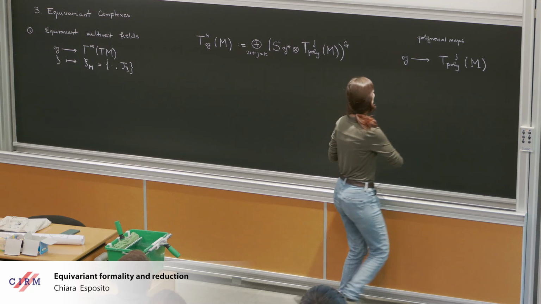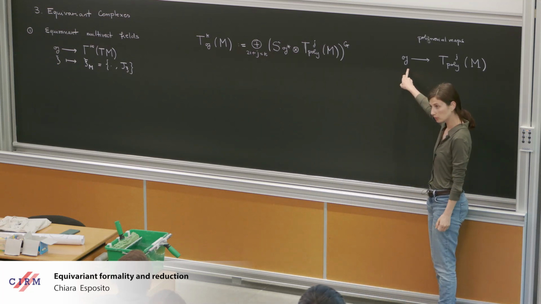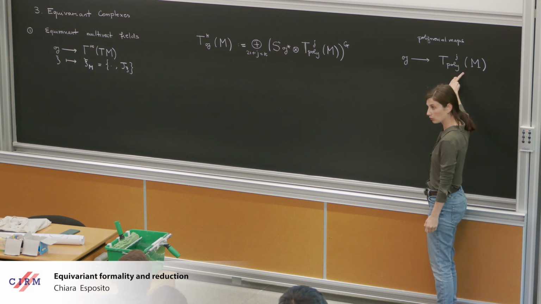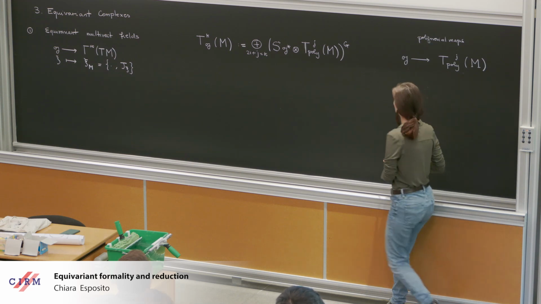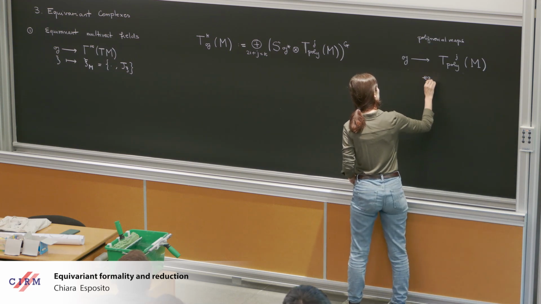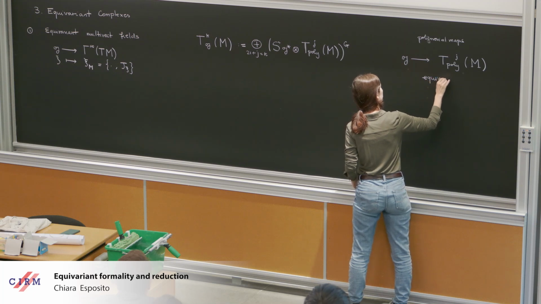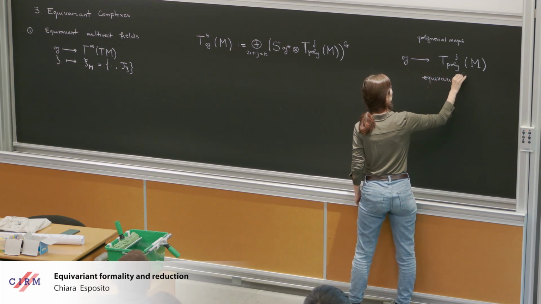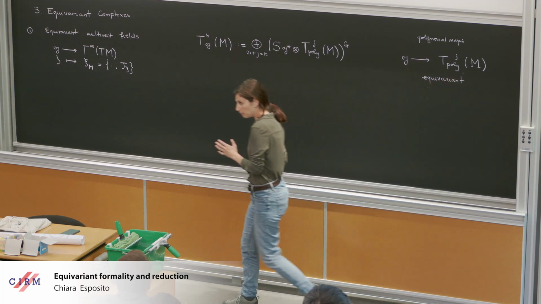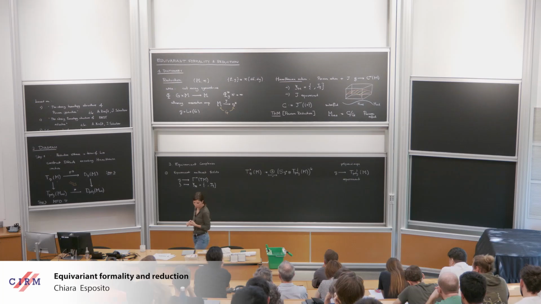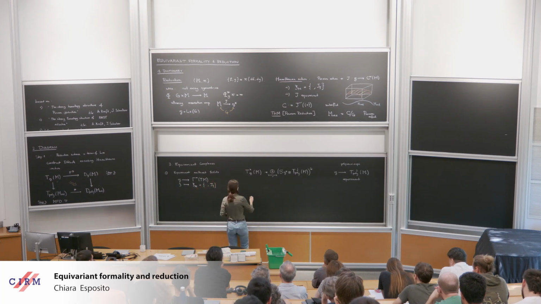So equivariant now means adjoint and push forward action. I have my complex, so let's see what kind of DGLA structure I can put on it.